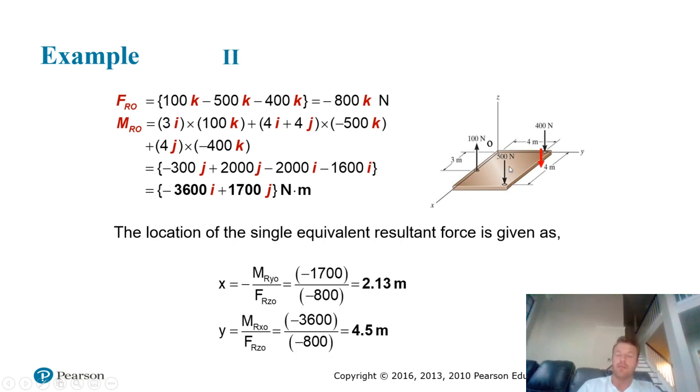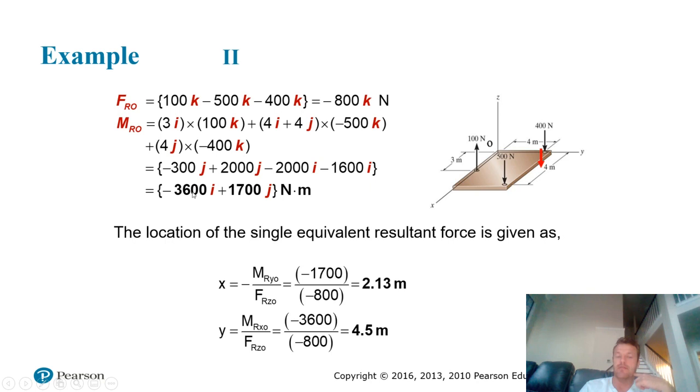So if we want to determine where you would put a single force along that plate to induce the same type of rotation, in order to determine the location out in y of this force, you need to pick a location such that the perpendicular distance times the resultant force in the y direction, which is 800, would give you that 3,600.